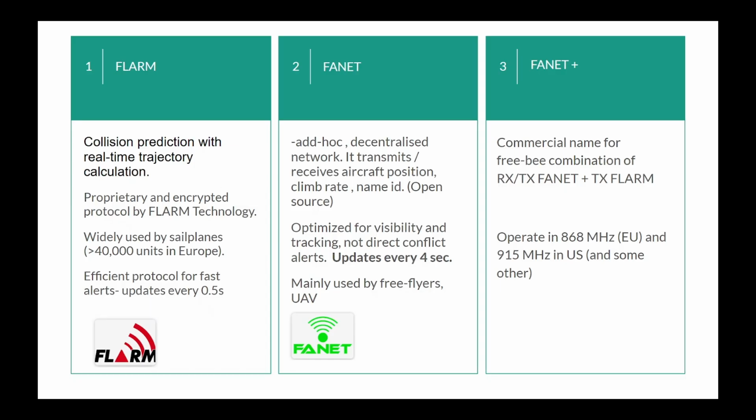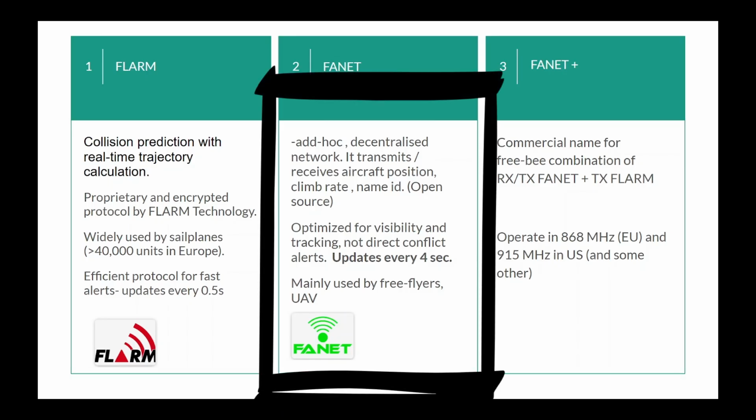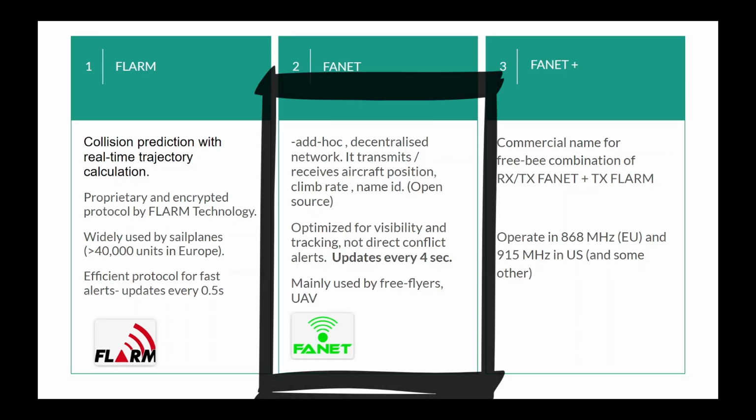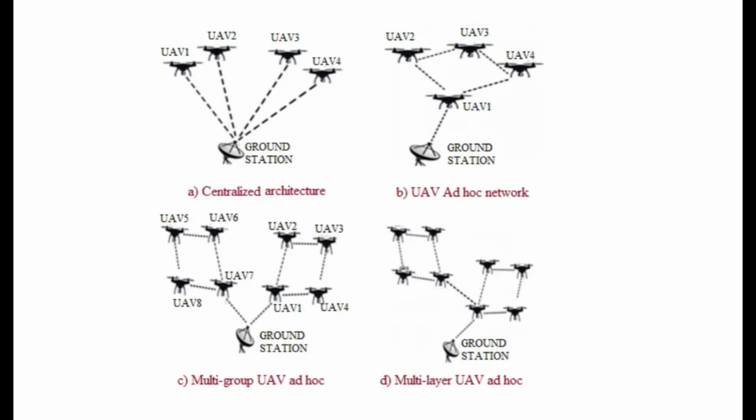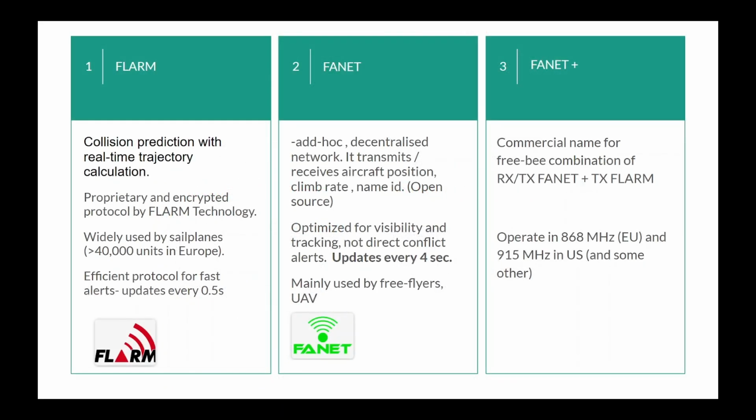If you are not in a very good position, sort of blocked by the mountains, but your device is sending a signal in FANET, another pilot higher up will receive and retransmit, a bit like what we're doing here with the radio. Somebody will repeat the message. So the higher up pilot will rebroadcast, and hopefully this will get a bit further down. So FANET tends to have a larger range than FLARM, because FLARM doesn't have that capability.